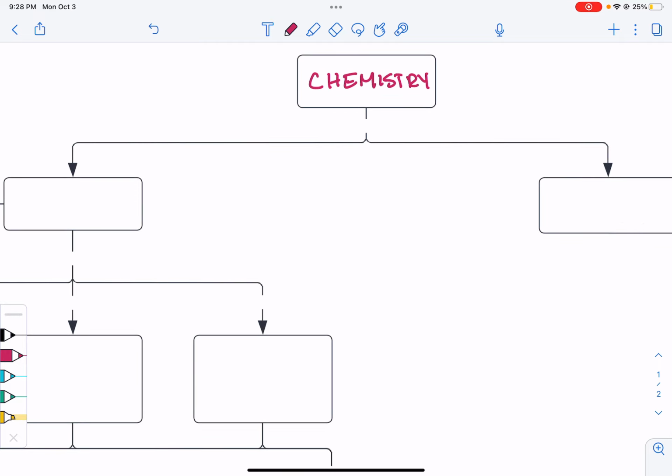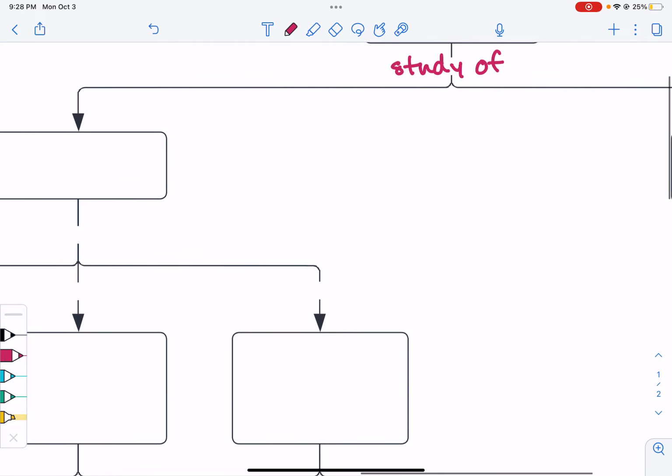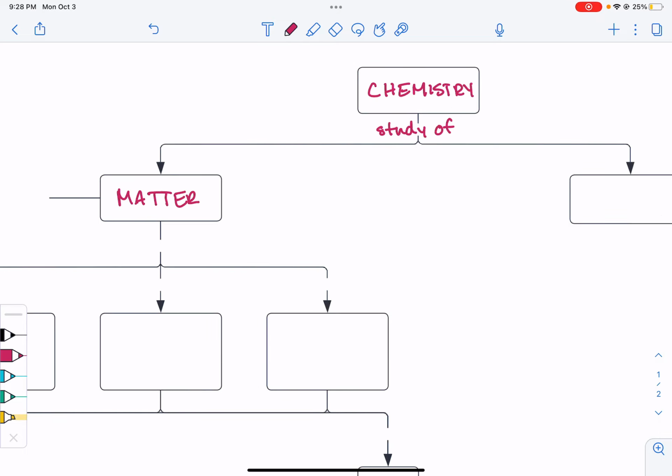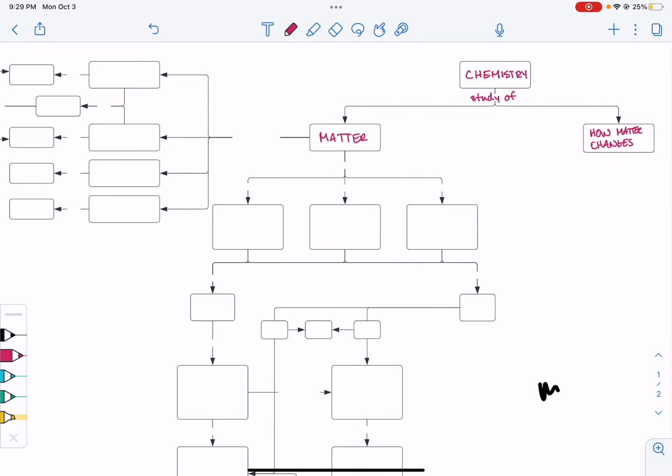Chemistry is the study of, part one is matter. Part two is how matter changes. So we are going to focus on the study of matter.